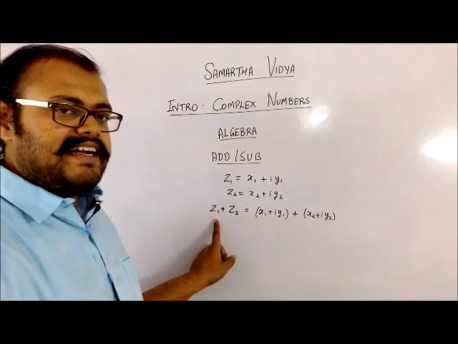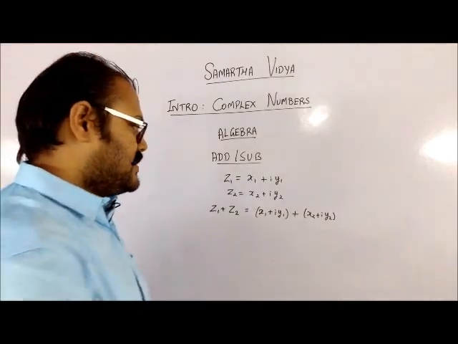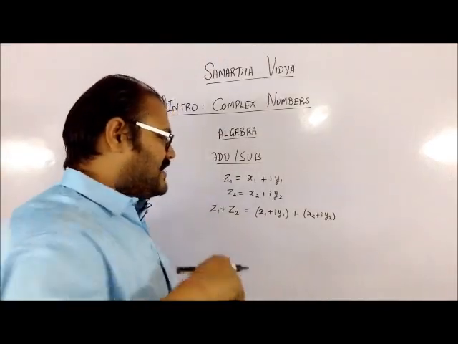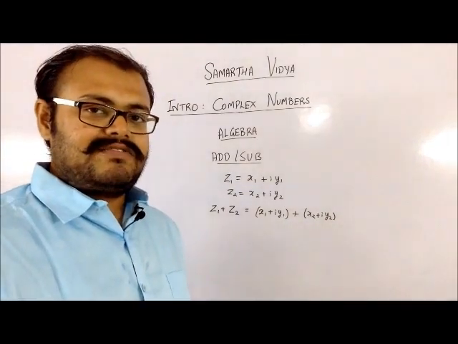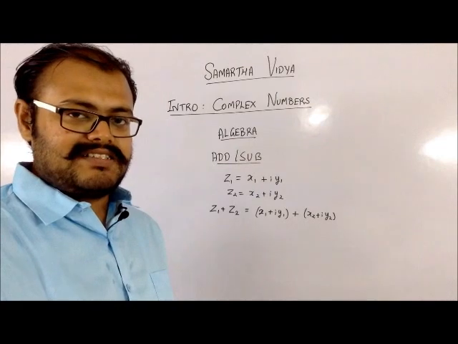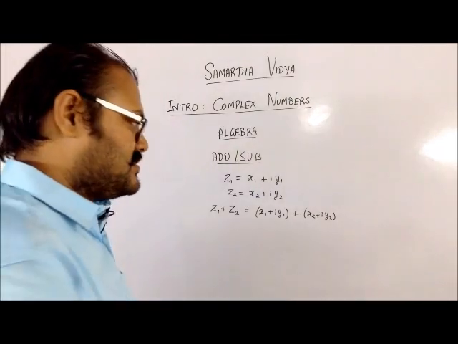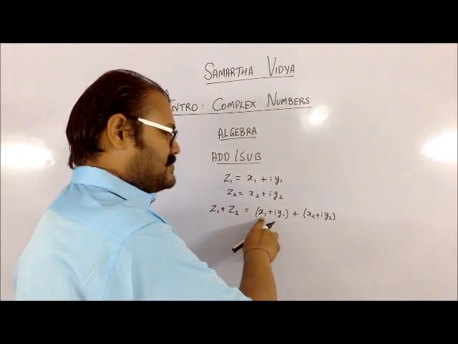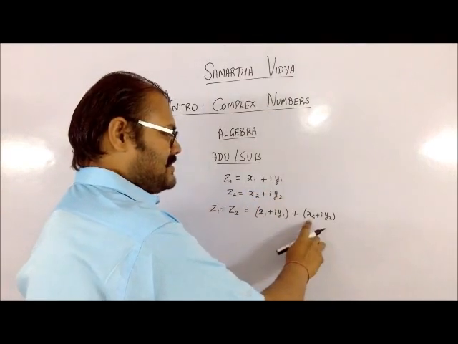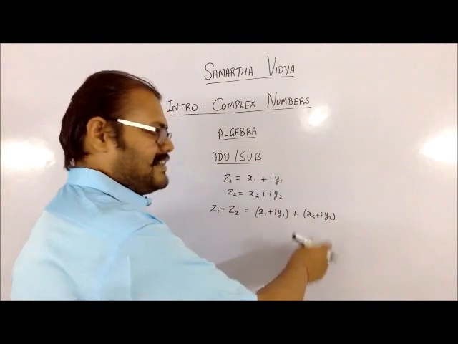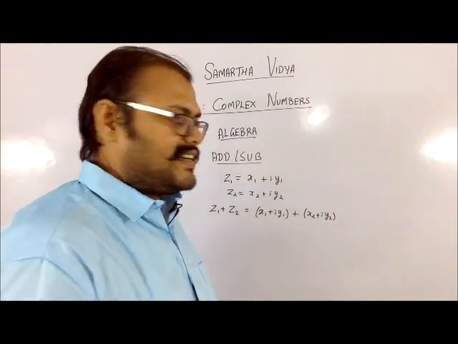If I am adding z1 plus z2, then whenever I am finding the end result of complex numbers, I have to always remember to take the real parts together and the imaginary parts together. So x1 is the real part of z1 and y1 is the imaginary part of z1. Similarly, x2 and y2 are the real and the imaginary part respectively of the second complex number.